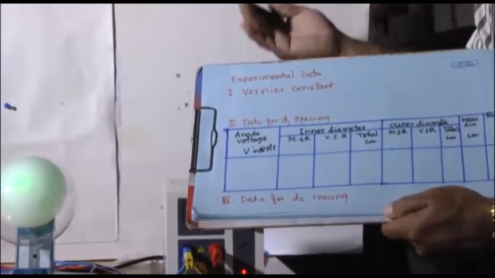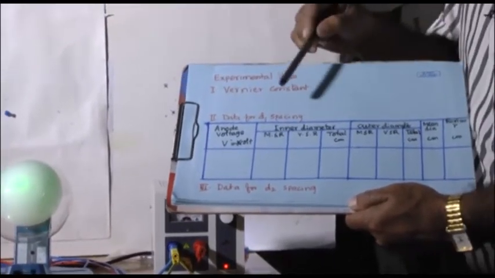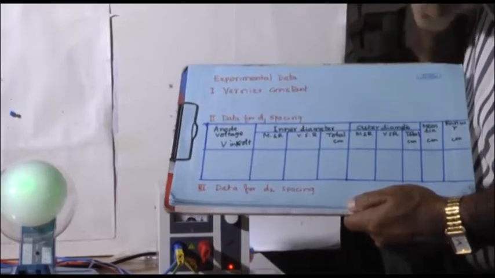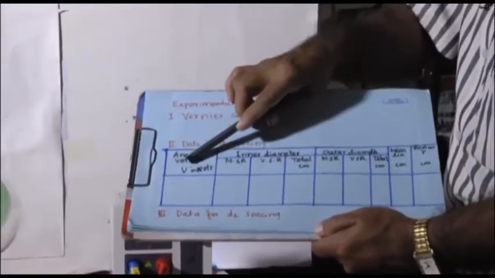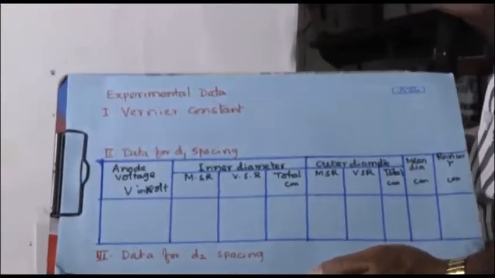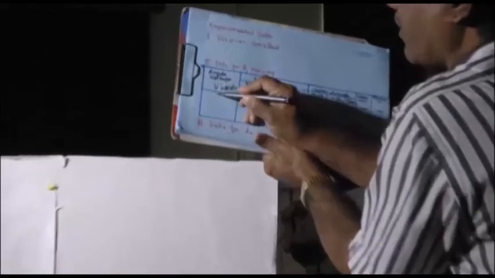So two interplanar spacings we will get, one is D1, another is D2. Now, applied voltage V in kilovolt: I have applied 3 kilovolt, so I will write 3 kilovolt.